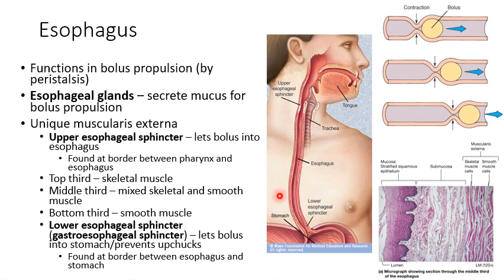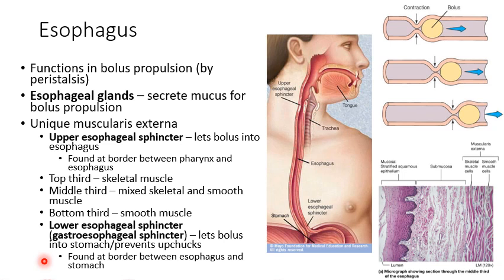So in order to pull off peristalsis and move a food bolus from the top of the esophagus to the bottom, you have to have multiple branches of the nervous system, both the voluntary motor branches and the visceral motor branches, coordinated to make sure that peristalsis delivers food from the top to the bottom of the esophagus.